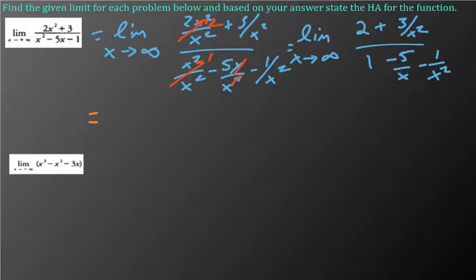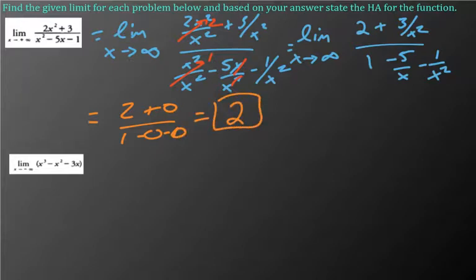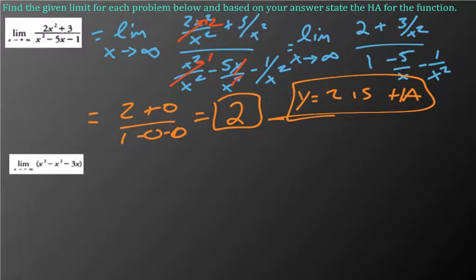So this would just be 2 plus 0 over 1 minus 0, minus 0, which is 2. So as you go out to infinity on this thing, it's approaching 2. That's what that means. And so y equals 2 is the horizontal asymptote for that thing. If it approaches a value, it's got a horizontal asymptote.